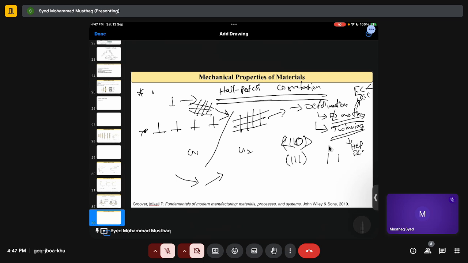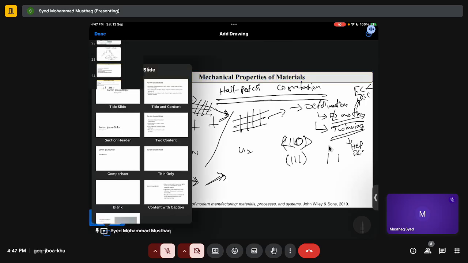And the dislocation motion is in the 110 direction. So that is about that. In grain 1, the 110 direction is like this. Here the 110 direction is different. Then how will this dislocation move, right? So here comes the problem.